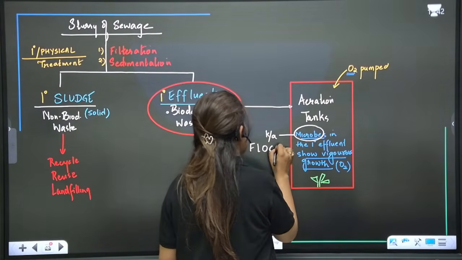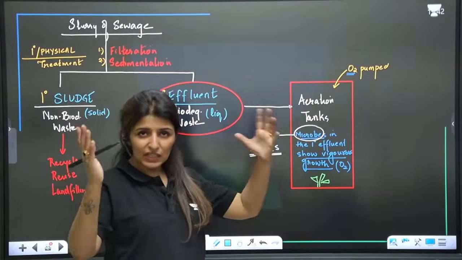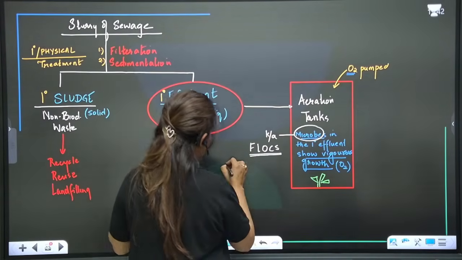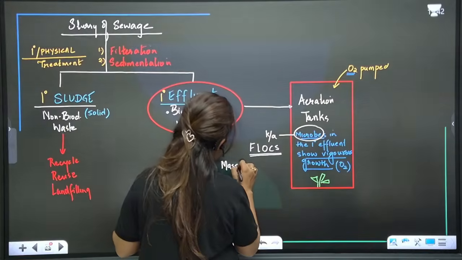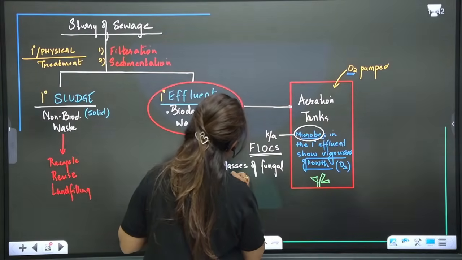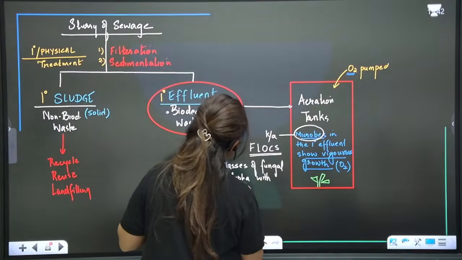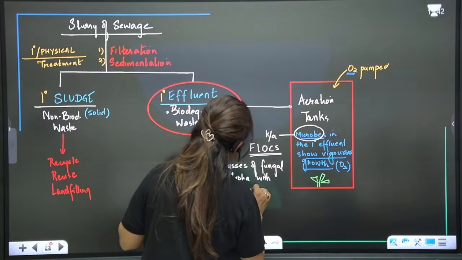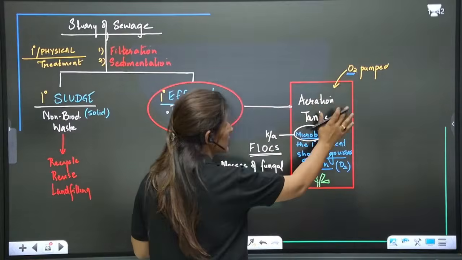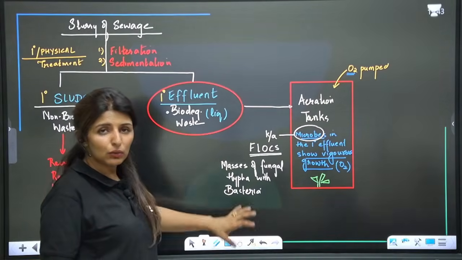So the microbes which increase in number form masses of fungal hyphae with bacteria entrapped, which are going to break down this primary effluent. These fungal masses are known as flocks.